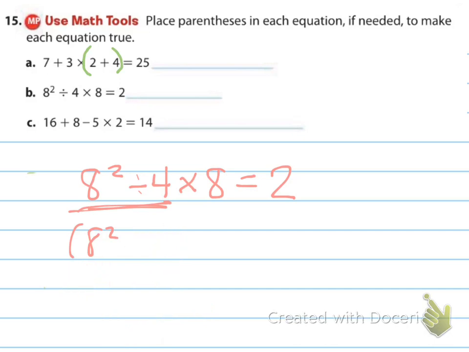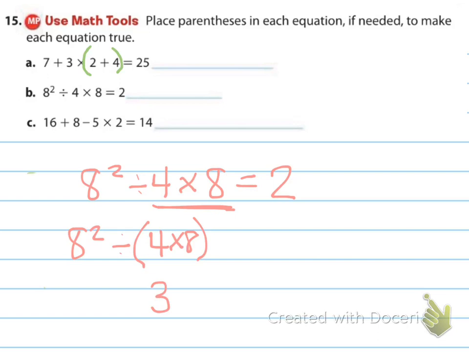Alright, so I know that it's not going to be 8 squared divided by 4 in parentheses, so I'm going to try this over here. So now we've got 8 squared divided by 4 times 8 in parentheses. So that's going to be 32. Now when I've got 8 squared divided by 32, I have to do 8 squared first, because please excuse my dear Aunt Sally, the E comes before the D. So 64 again, because I know that 8 squared is 8 times 8.